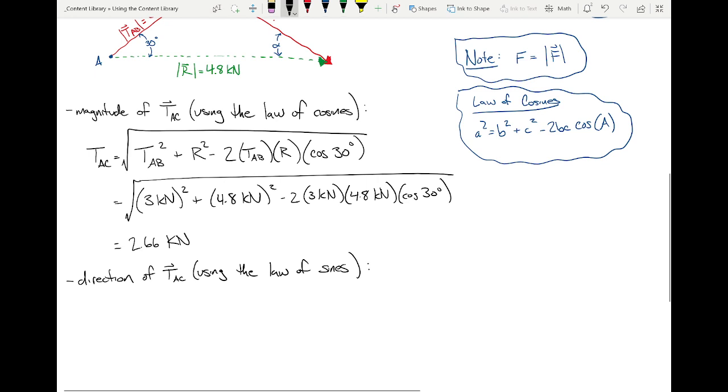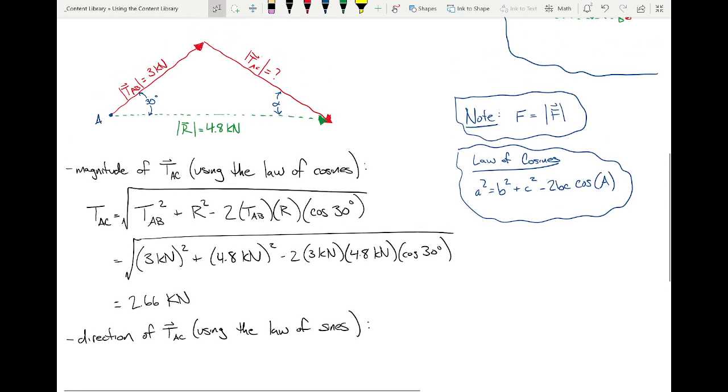Let me see if I can do this right here so we can still see. I'm going to utilize opposites. Remember, my goal is to determine alpha. So I'm going to say that the sine of alpha divided by TAB, right? Because here's my triangle, and the way the law of sines works is you have to use opposites.